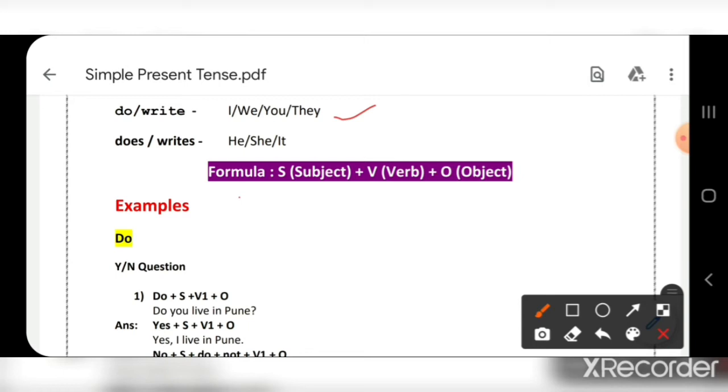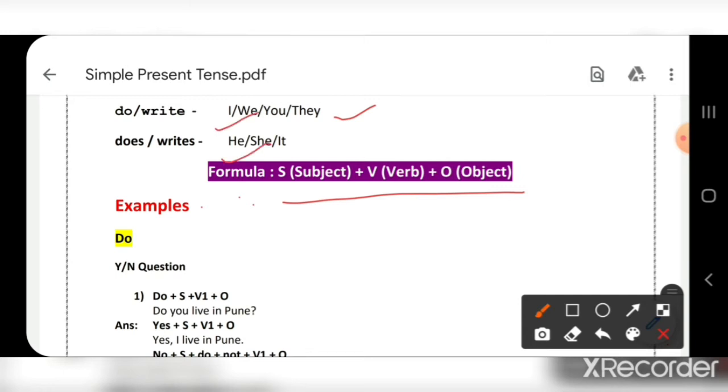Now, let me tell you how to make a yes no type question. Before this formula, subject verb object, we just have to put do or does. Before this subject we have to put do or does as per the subject.